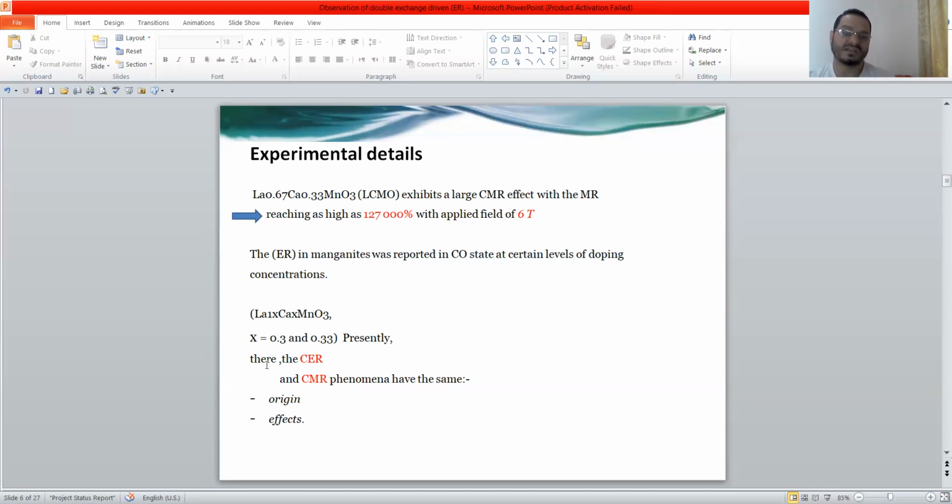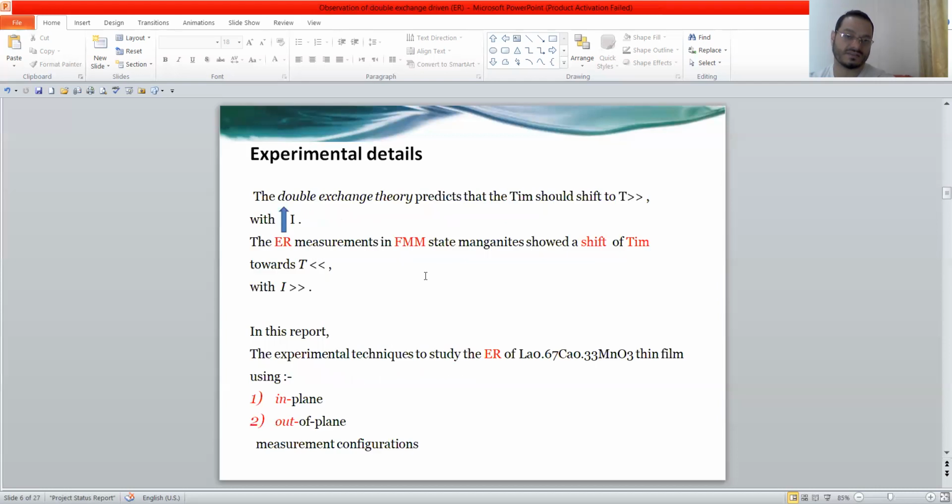The colossal electrical resistance and colossal magnetic resistance will share two characteristics. These are the origin and effects.